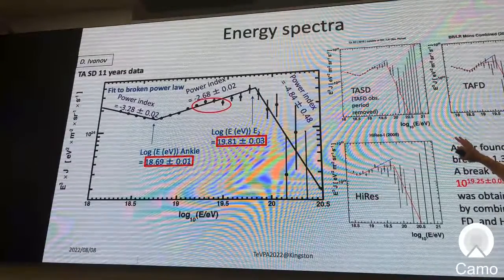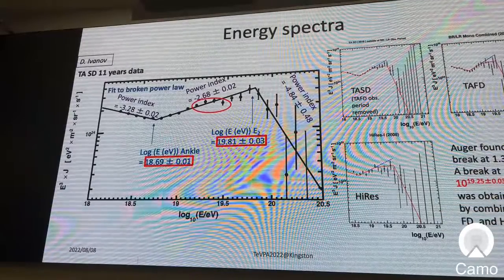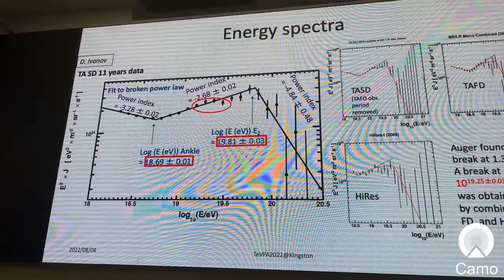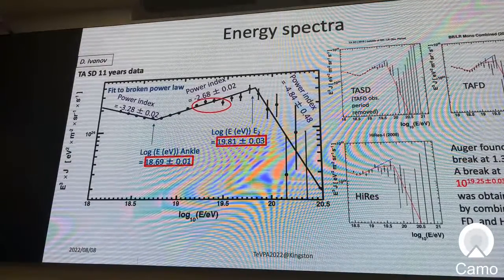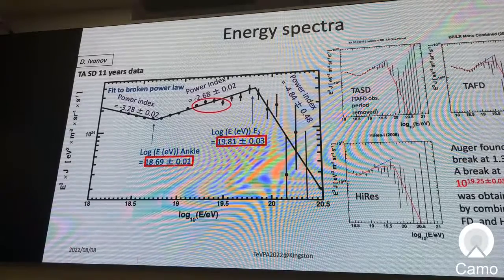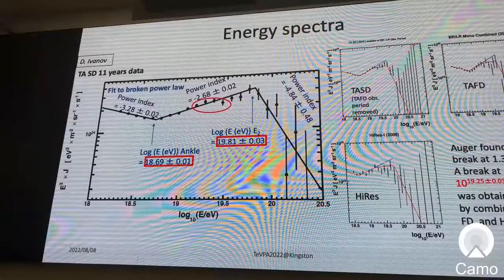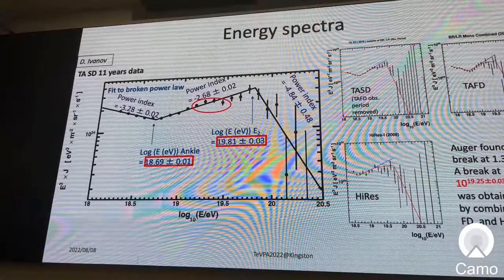And this is TALE SD and TALE FD. And this is also a HiRes result as an experiment. And we combined all of these data. We also found a break at 10 to the 19.25 electron volts. And the significance of the break was estimated to be 5.3 sigma using this combination of the data.